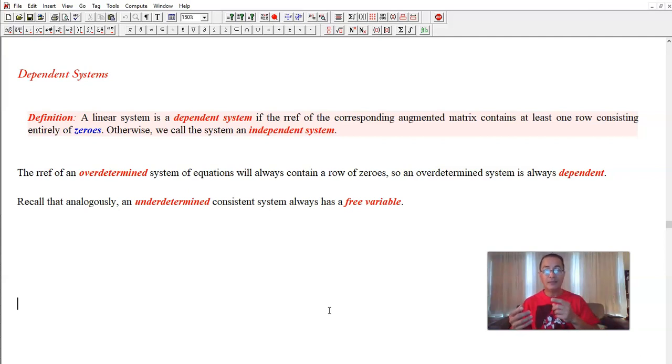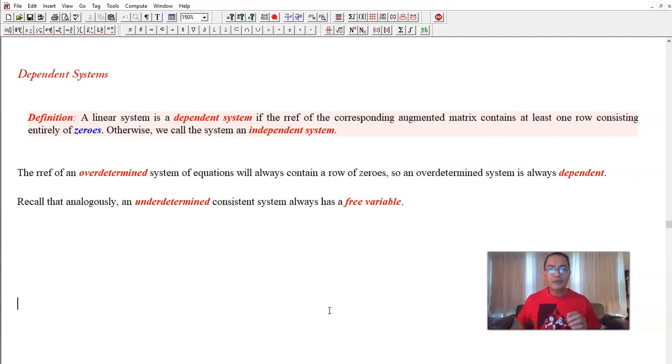But if you only have 3 leading ones, then you're going to get 2 rows of zeros. So if you have more rows than you have columns, more equations than you have variables, then you are guaranteed to have a dependent system as long as it's consistent. Okay, we still want to look at only consistent systems. Inconsistent systems are practically useless.